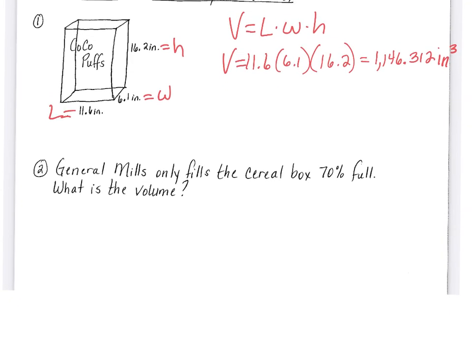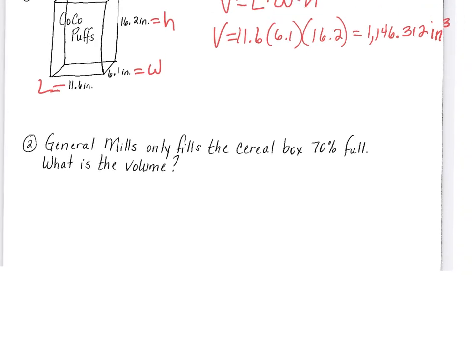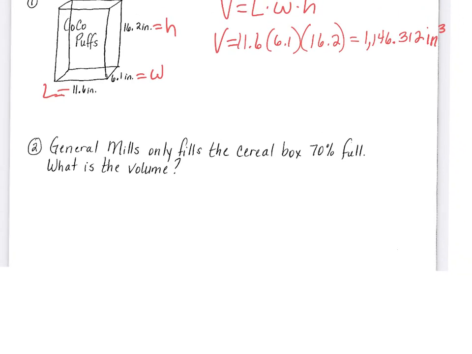All right, the next question says General Mills only fills a cereal box 70% full. What's the volume? Well, we already know our volume is 1,146.312 cubic inches. And if they only fill it 70% full, remember we're going to change 70% to a decimal and multiply.